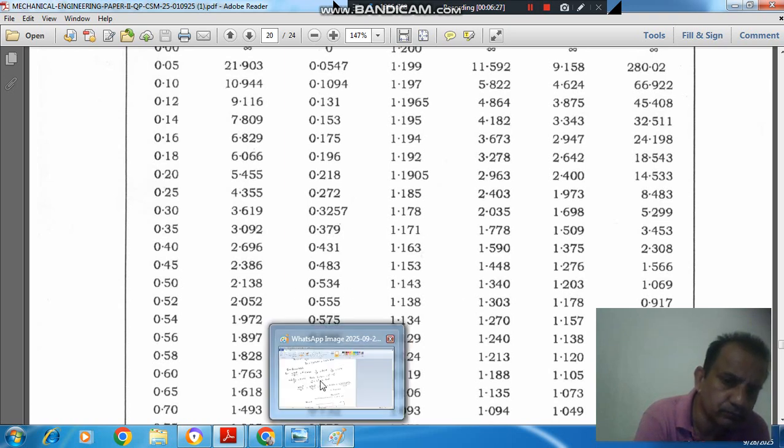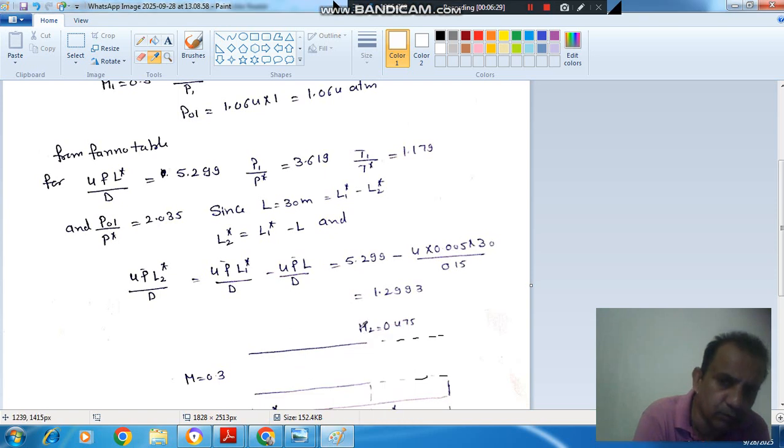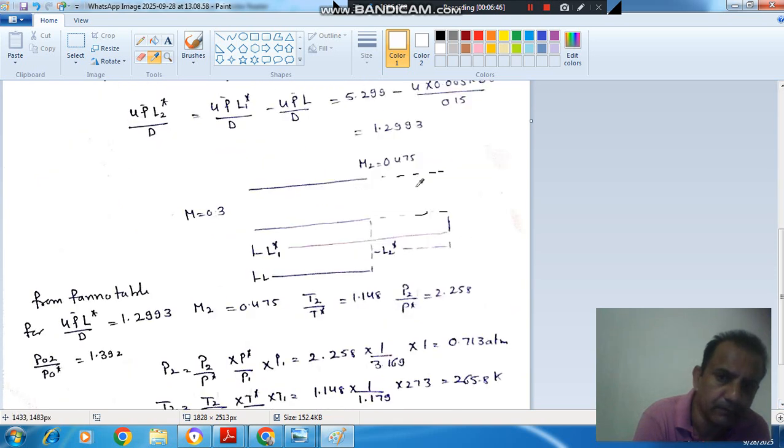So M2 corresponding to this length, by interpolation, comes as 0.475. So in between the value can be 0.475. This is your exit Mach number.